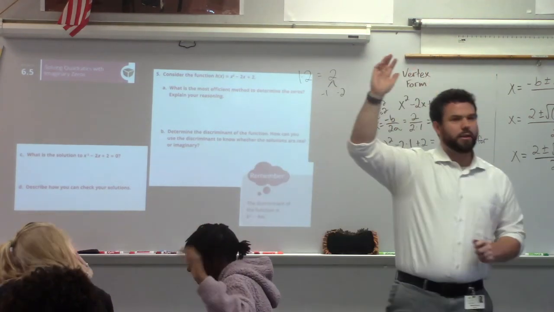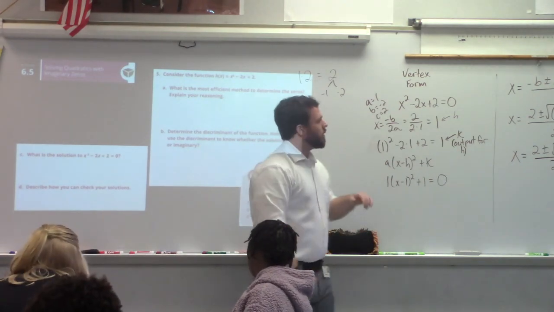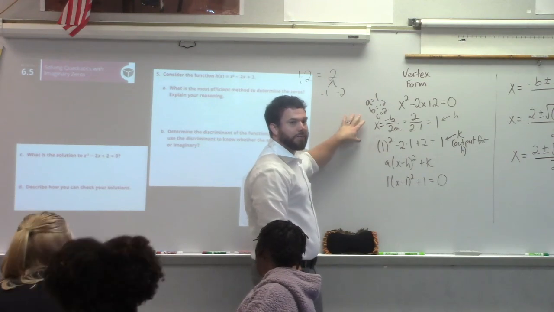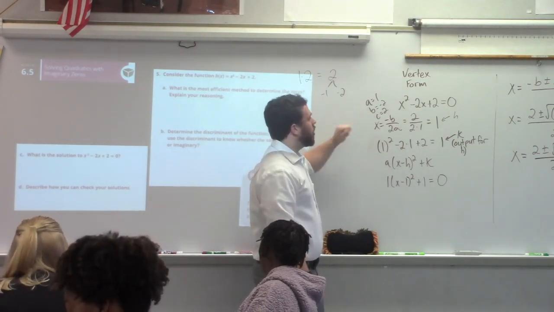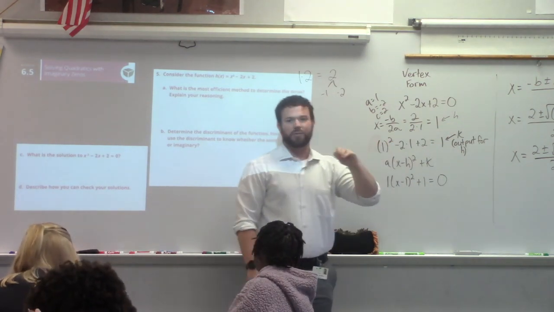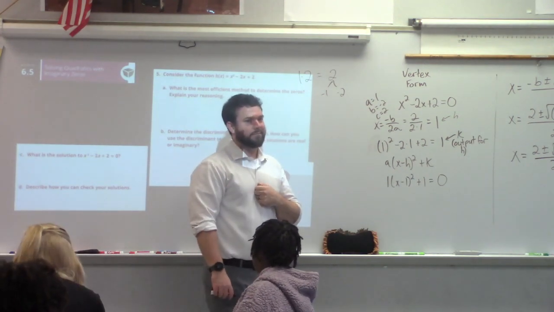Okay, I want to point this out. If you went the vertex route, which remember you have to do for your assessment on Friday at least once, notice how I needed my vertex. How do we start by finding the vertex from standard form? x equals the opposite of b divided by 2a.